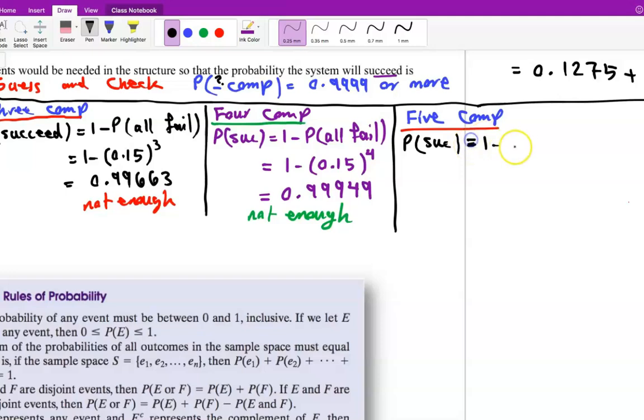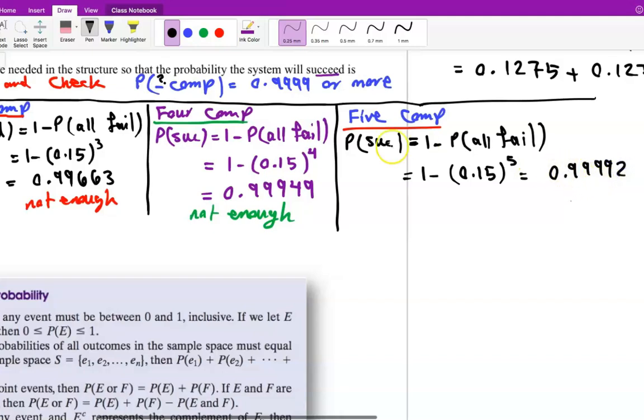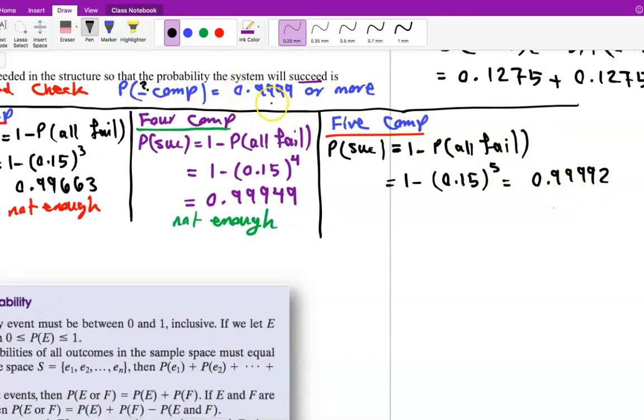So the probability of success is 1 minus the probability of all fail, which is 1 minus 0.15 to the fifth power, because we have 5 components. And that is 0.99992. Here we got that the number is greater than or equal to what we need.